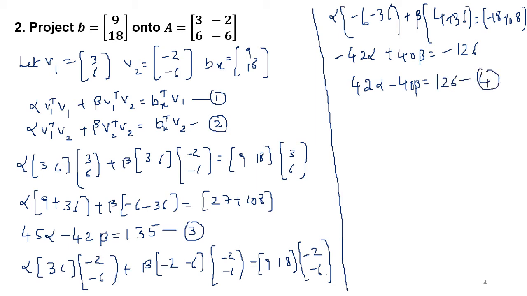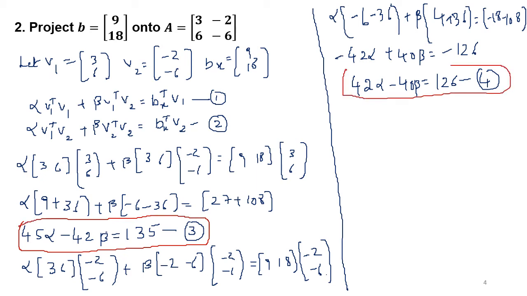Now we need to solve these two equations in two unknowns using any method to find alpha and beta. Solving equations 3 and 4, we get alpha equal to 3, beta equal to 0.